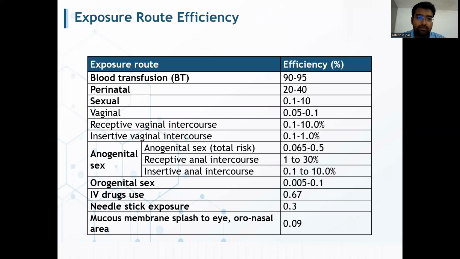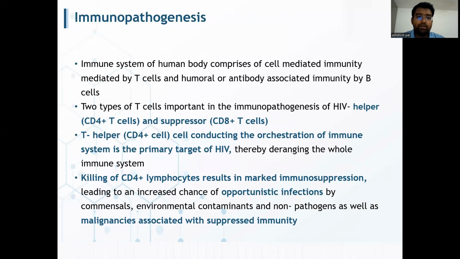Now, immunopathogenesis. The immune system of the human body comprises cell-mediated immunity, which is governed by T cells, and humoral immunity, which is governed by antibodies produced by B cells. Two types of T cells are important in the immunopathogenesis of HIV: helper T cells and suppressor T cells.